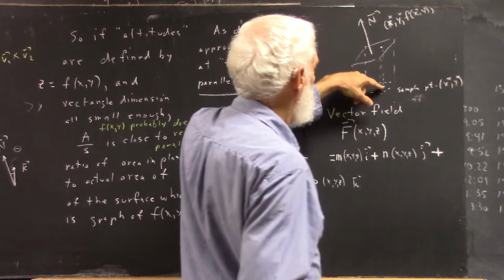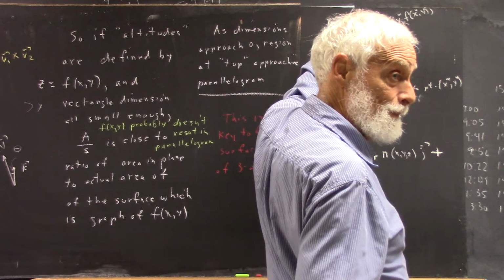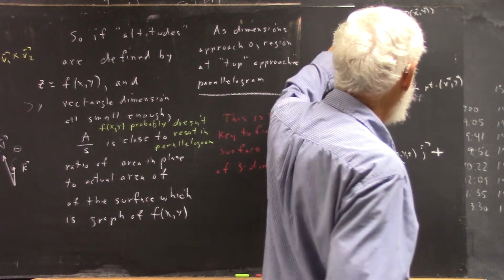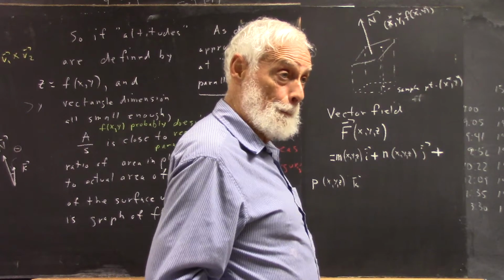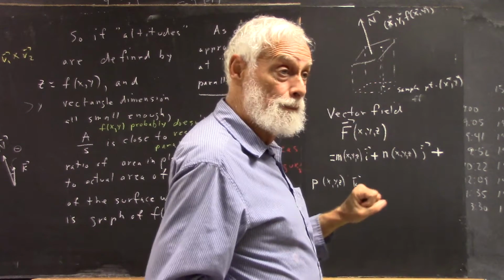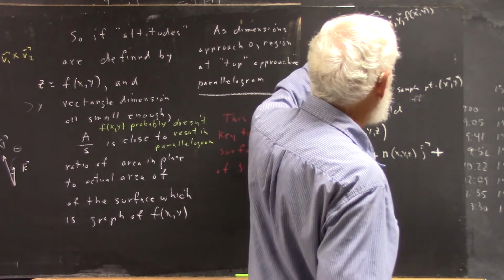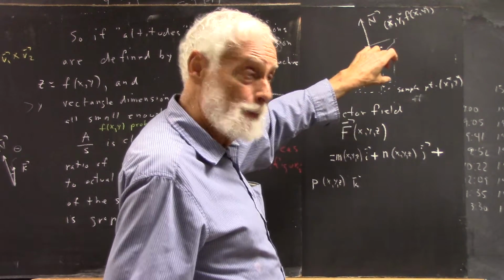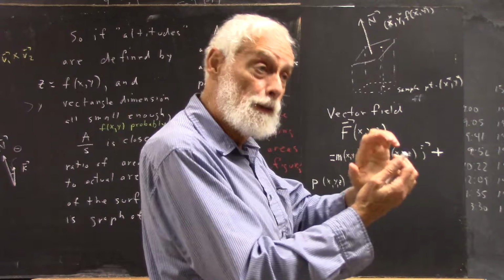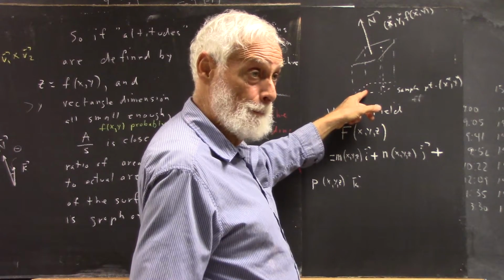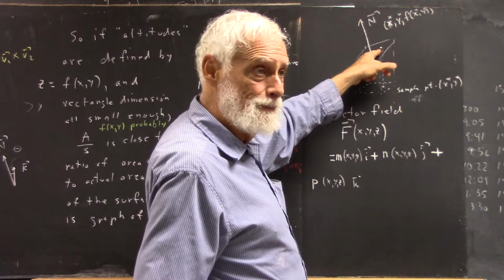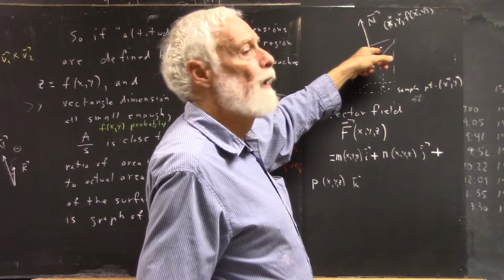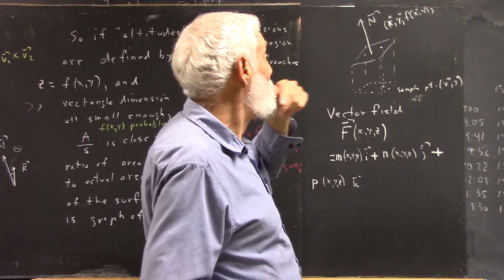So clearly, to get up to the actual surface, you're going to plug that into your f of x, y function, right? It gives you an altitude. And that point might not even lie on this parallelogram, because this is a finite dimensional surface, but it's going to be close if you have a small enough rectangle down here, okay? So we're going to assume it's either on the surface or very close, okay?